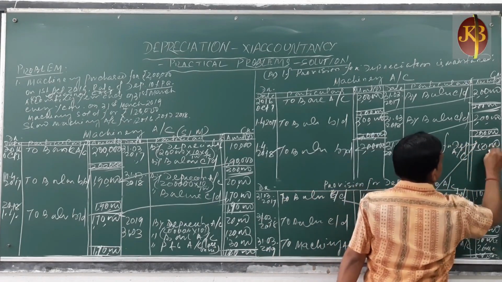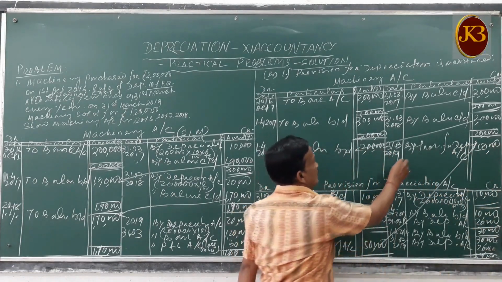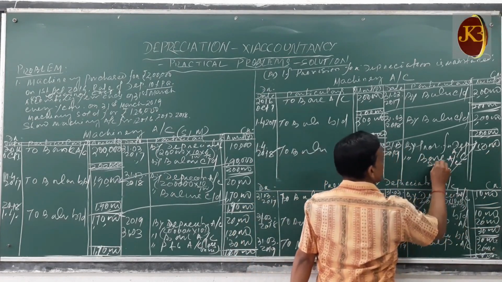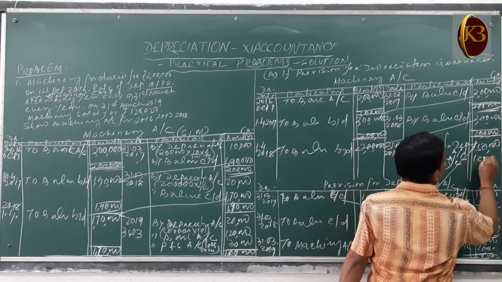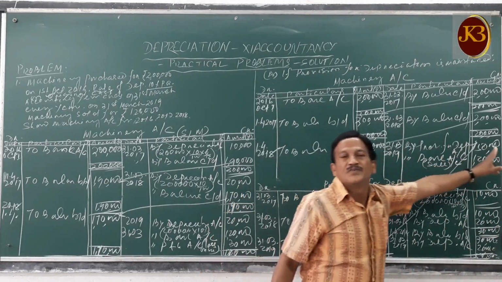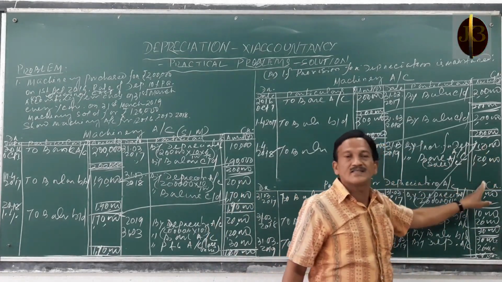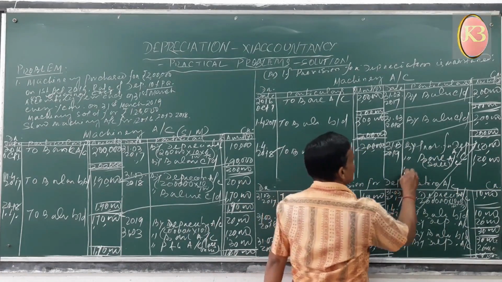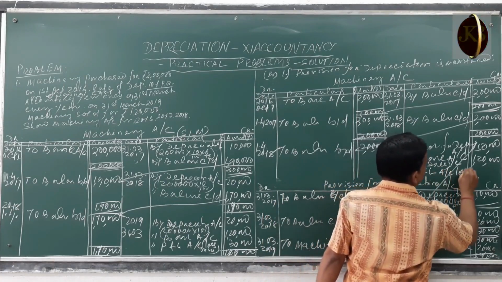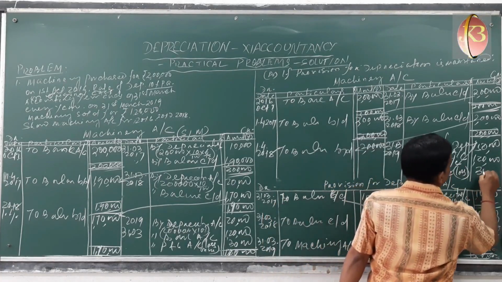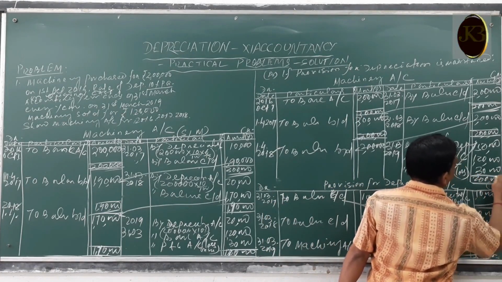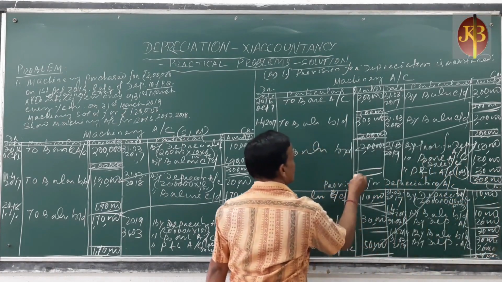Then by bank account, the sale, 1,20,000. So 50,000 plus 1,20,000 is 1,70,000. The remaining, by profit and loss account, is the loss, 30,000. So the total is 2,00,000.